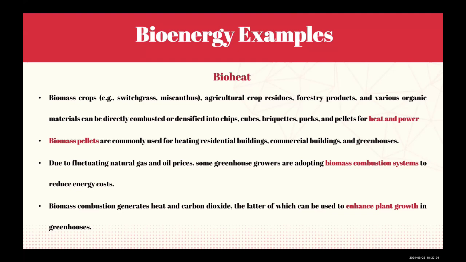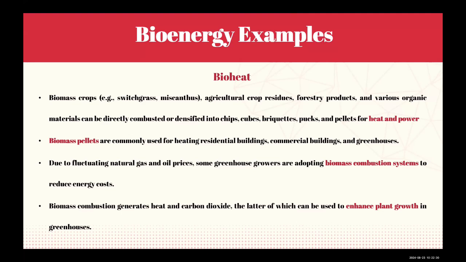One of the most common forms of bioheat is generated through biomass pellets. These are widely used for heating residential buildings, commercial properties, and even greenhouses. With the fluctuation of natural gas and oil prices, many greenhouse growers are turning to biomass combustion systems. These systems offer a more stable and potentially cheaper energy source, helping to reduce operational costs.